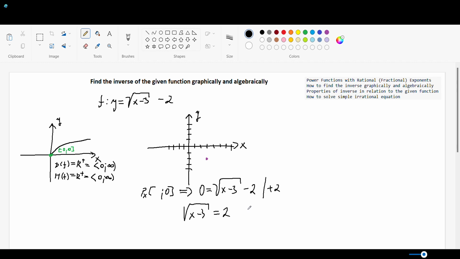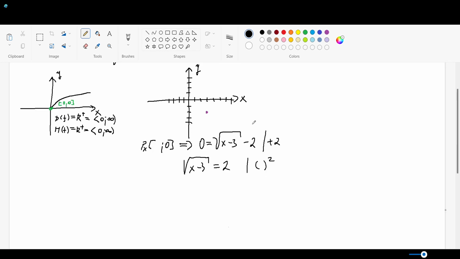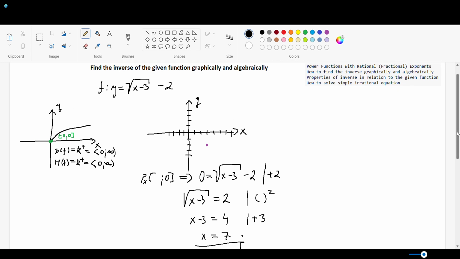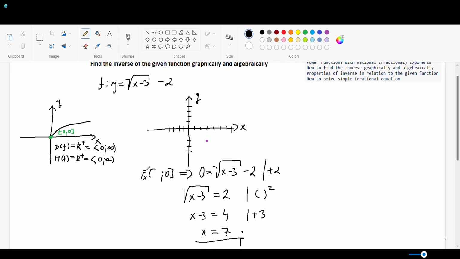Next thing we are supposed to do is to square both sides of the equation, and if we do so, it's going to be x take away 3 equals 4, which basically means then we do plus 3, so x equals 7. So now we know that our intercept coordinates are 7 and 0.